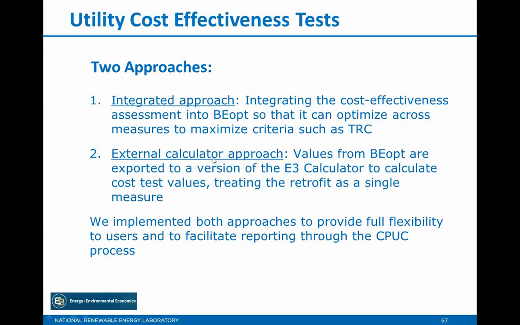There is an alternative approach where outputs from BEopt are fed into the E3 calculator. This gives, for one thing, a quality control and a check on the integrated approach.